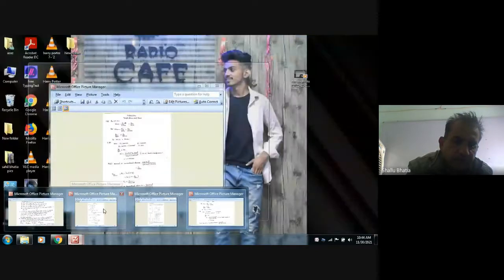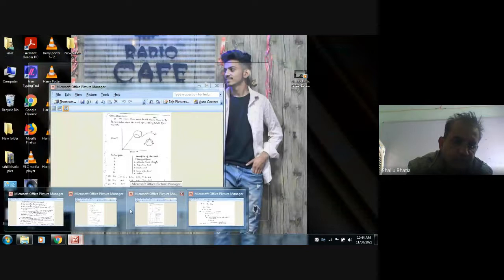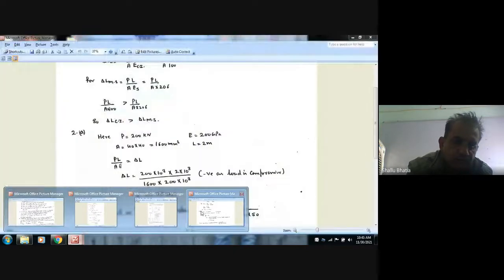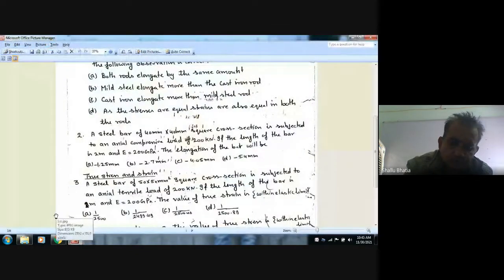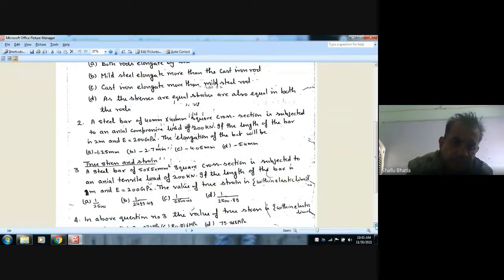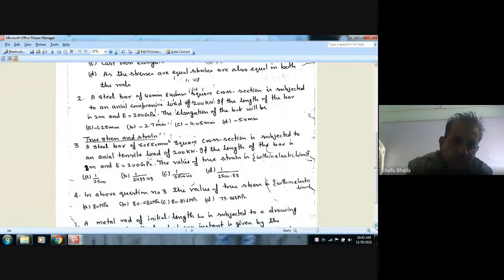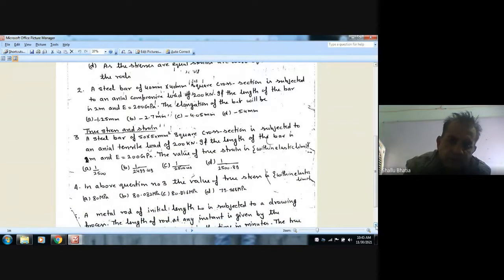Next question is on true stress and true strain. A steel bar of 50 into 50 mm square cross section is subjected to an axial tensile load of 200 kilonewton. If the length of the bar is 2 meter and E is 200 GPa, the value of true strain is?